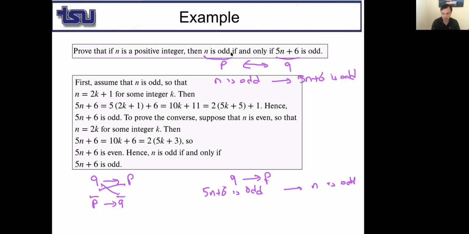In other words, you can say if n is even, that implies that 5n plus 6 is even. If you can prove that, that's equivalent. So I'm going to start with n is even, 2k, and 5n plus 6 is 2 times an integer, so that means this is even. So we proved that not P implies not Q, that's equivalent to Q implies P.